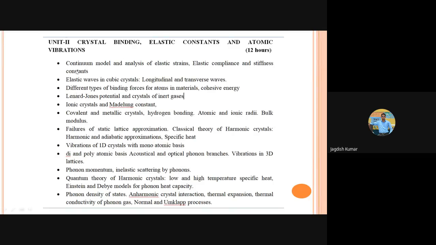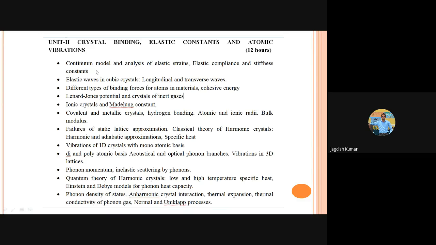We don't talk of constituent atoms in detail. We don't talk of interatomic distance directly. We treat the crystal as a bulk specimen. We don't bother about its constituents in detail, what the crystal is made up of, what the bond strength is, and so on. So we'll be discussing this continuum model in detail.